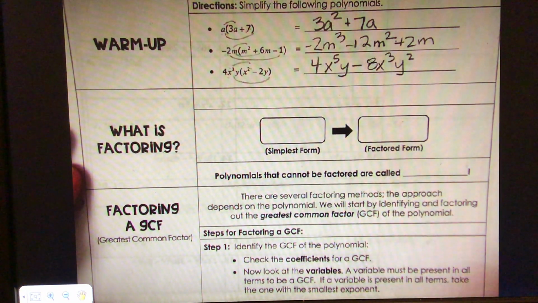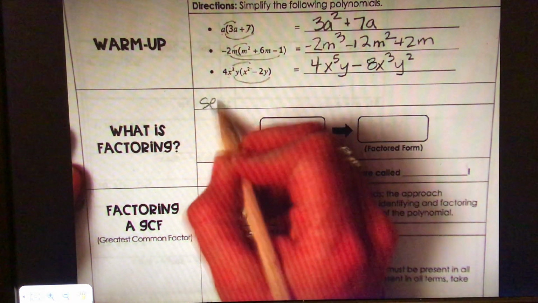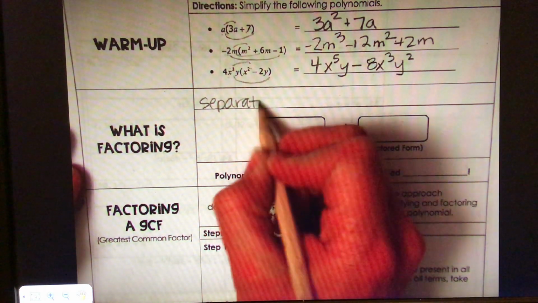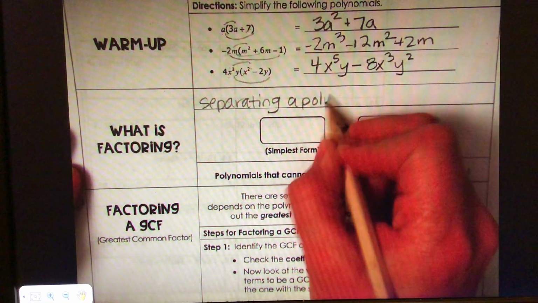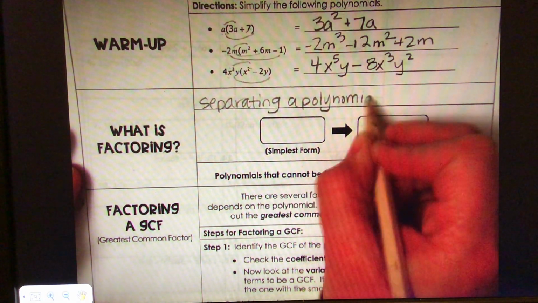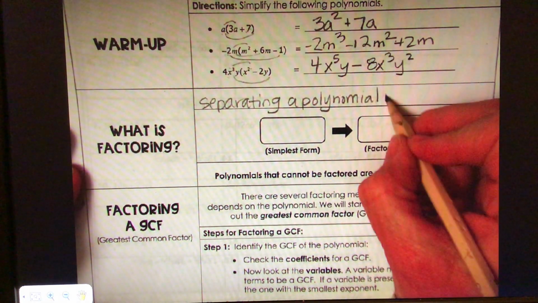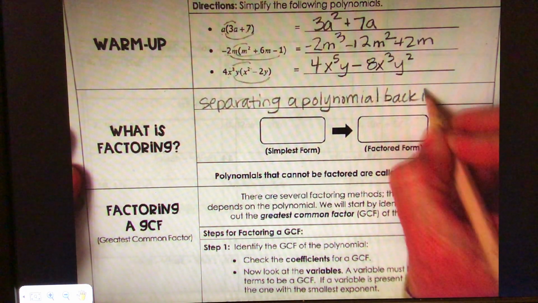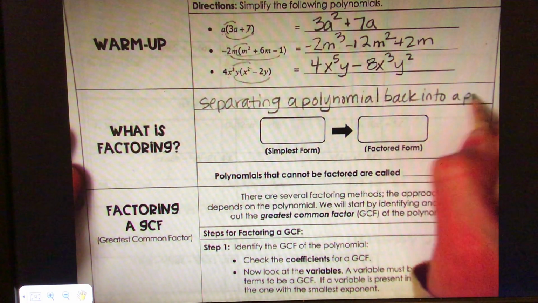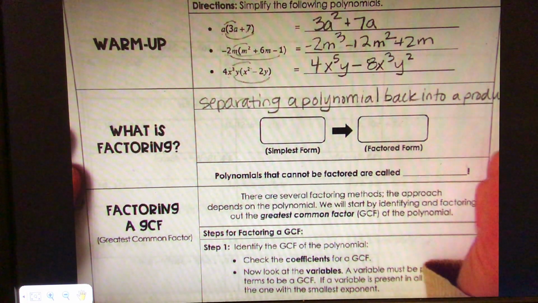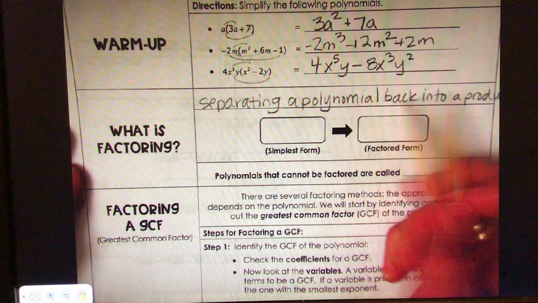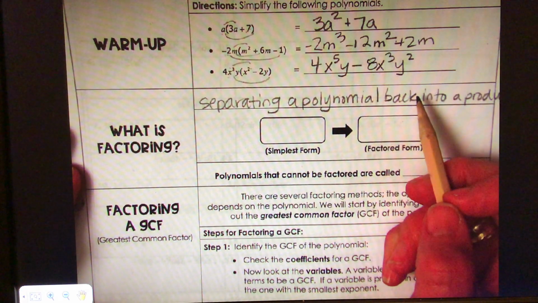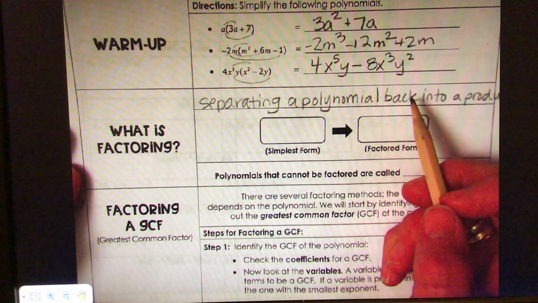If I factor, what I'm doing is I am separating a polynomial back into a product. Or I am really separating it back into its kind of simpler terms, if you think about it that way.